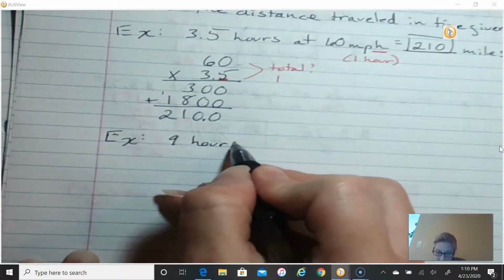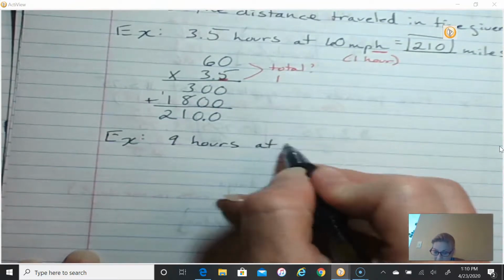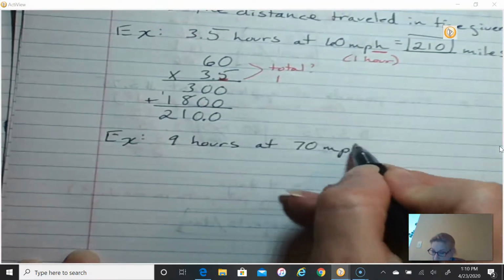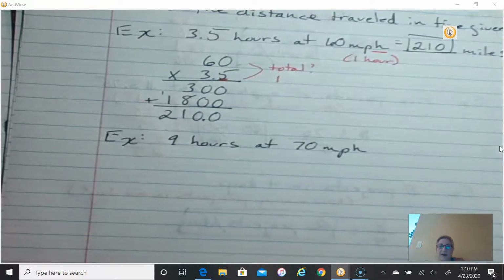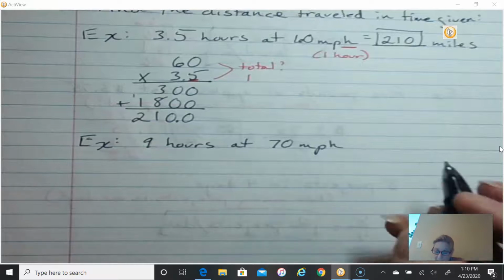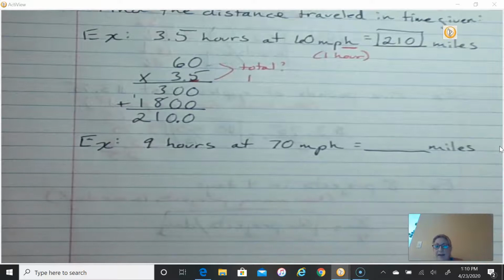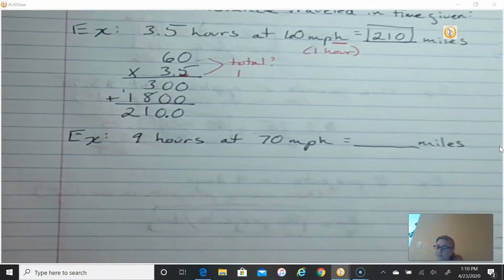Nine hours. So they're looking again for distance. 9 hours at 70 miles per hour. So basically that's like you leave town. Again, they're wanting to know how many miles. Let's say I get in El Jefe, my Jeep.